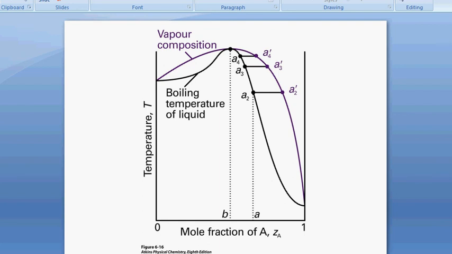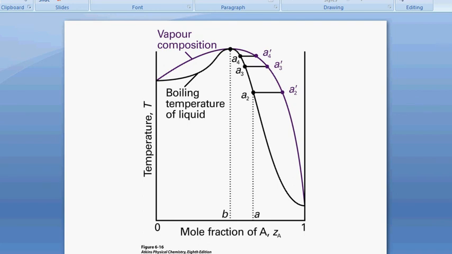Now, what would happen is that, let's say I am starting at point A and I heat up the liquid, I reach point A2.